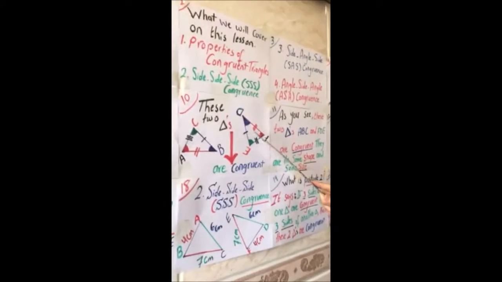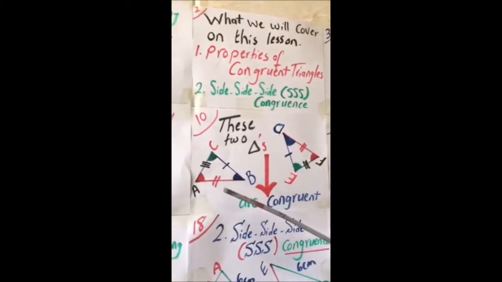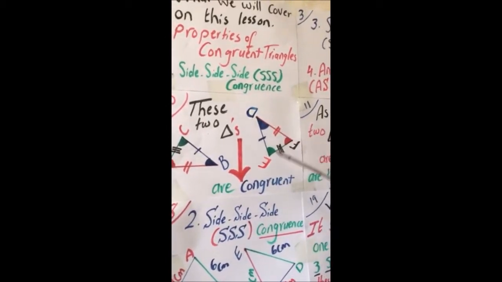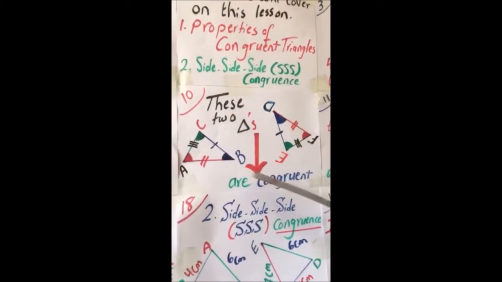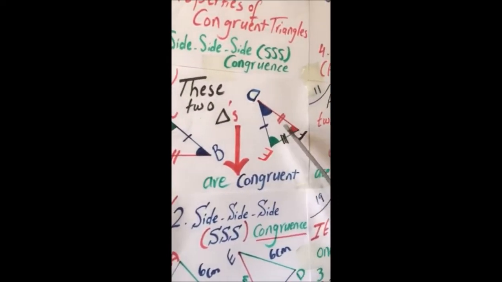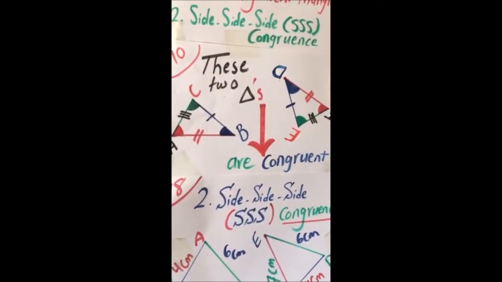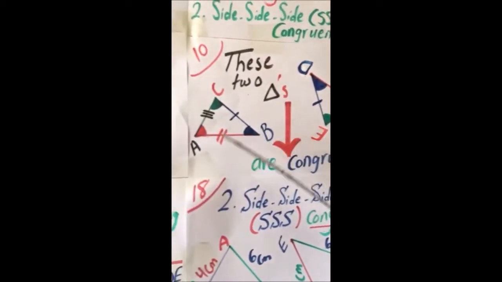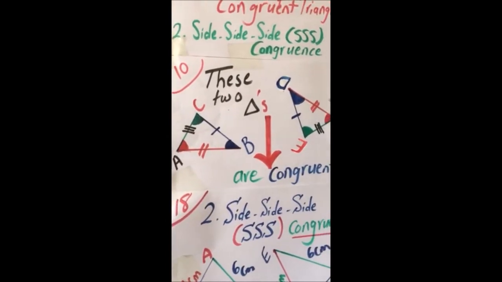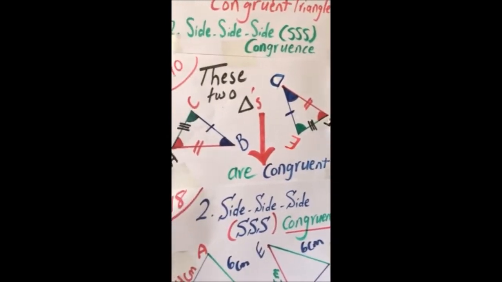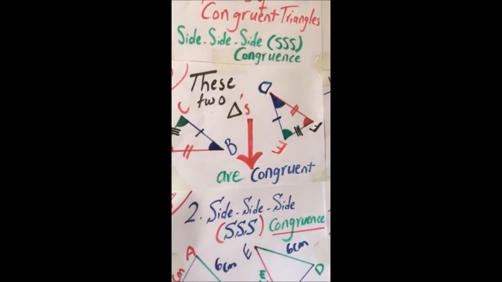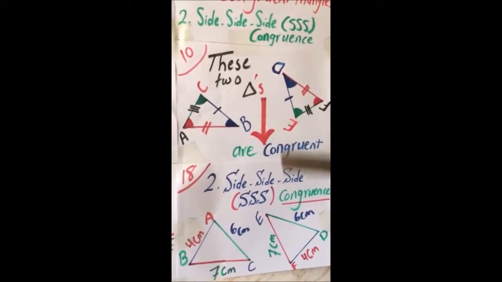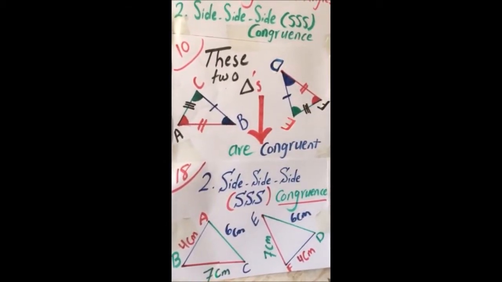Let me move here. As you see, we have 2 beautiful triangles. The first one is ABC, and the second one is FDE. Why are these 2 triangles congruent? Because if you put one on the other, they will be exactly as one triangle. If you see these marks, 1 or 2 or 3, that means EF is exactly the same as AC, DE is the same as BC, and FD is the same as AB.